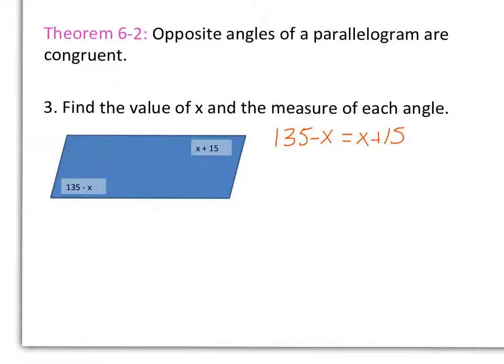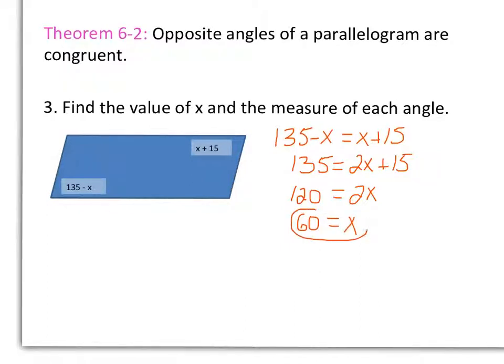So I'm going to add x to the right and have 135 equals 2x plus 15. Subtract 15, I have 120 equals 2x, and finally divide by 2 to get that x equals 60.